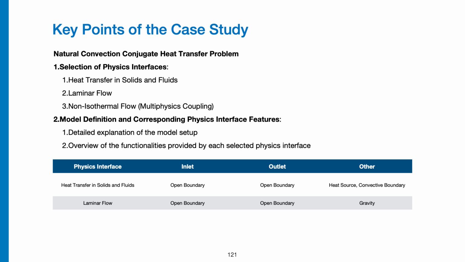This includes, for example, how we handle different physical interfaces, how to set the inlet boundary conditions, how to set the outlet boundary conditions, and also other factors such as the heat source from the chip, how to set the convective boundary conditions, and also gravity. That is to say, we need to decide whether we use compressible or incompressible flow. We will have some model settings like this. These details will be explained in more detail to everyone.